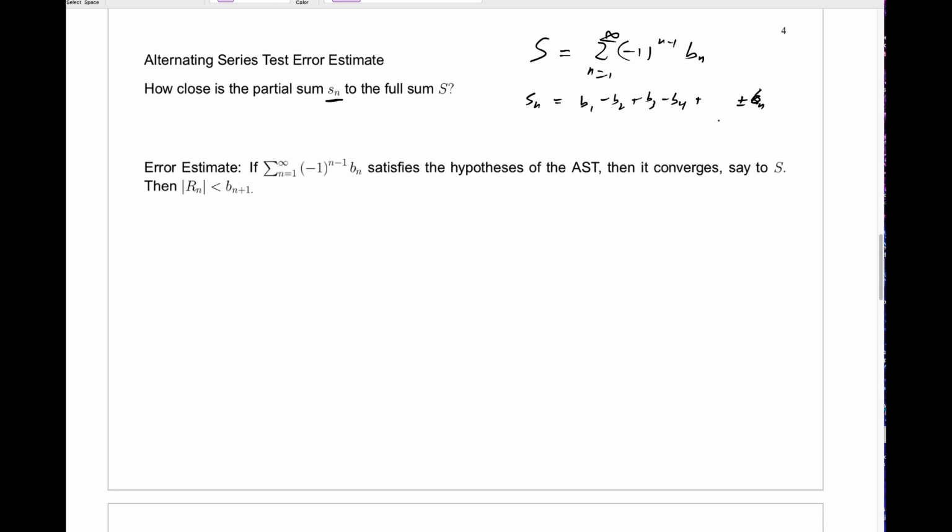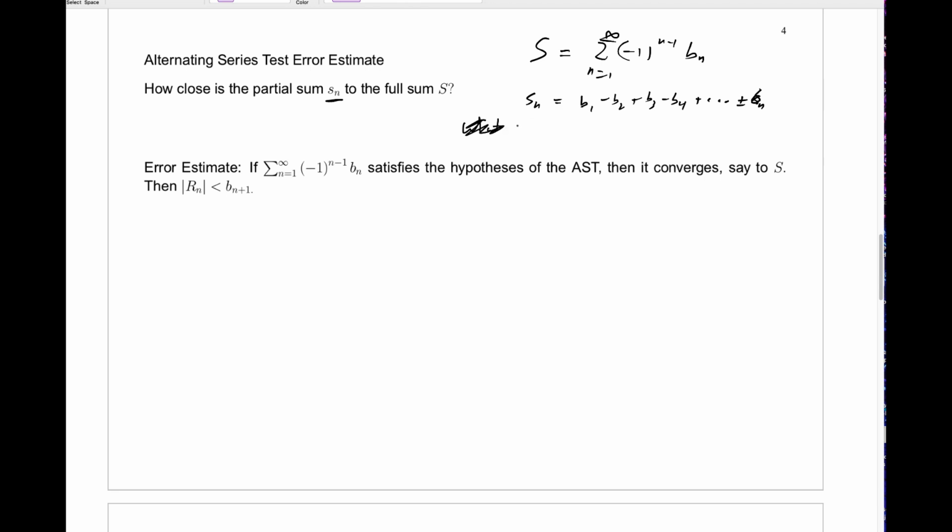It'll be a plus if n is odd, it'll be a minus if n is even. But we have exactly n terms here, ending with plus or minus b sub n, depending on the parity of n. And then we ask, what is Rn?